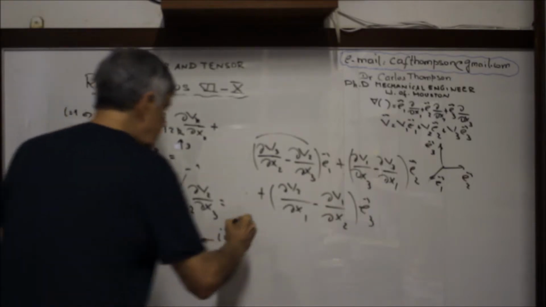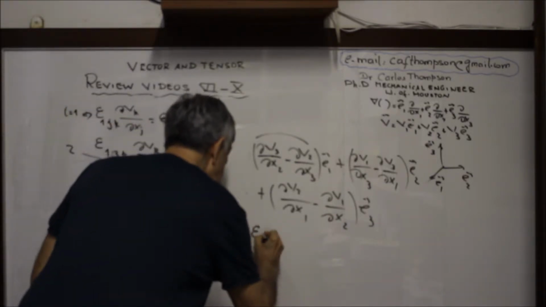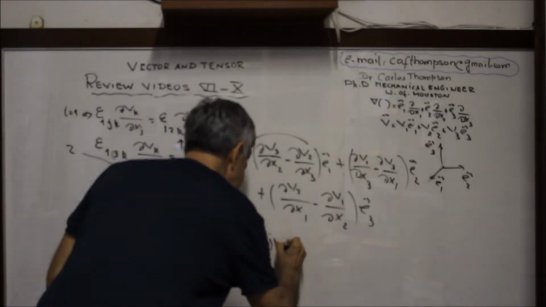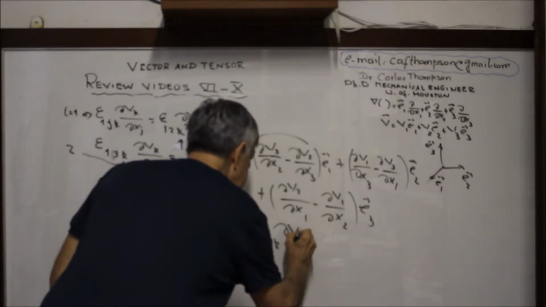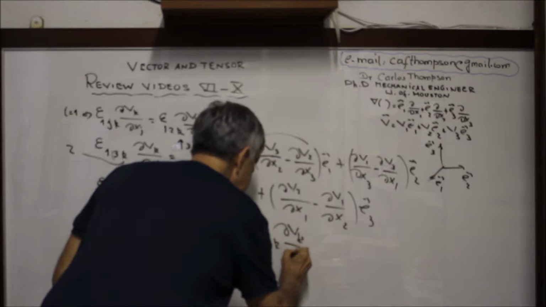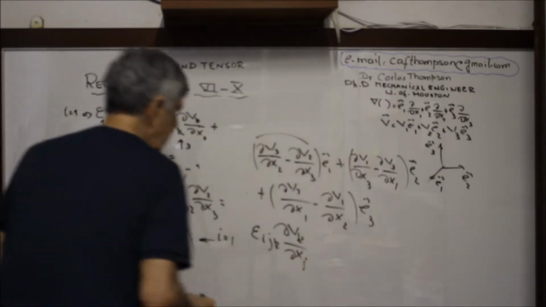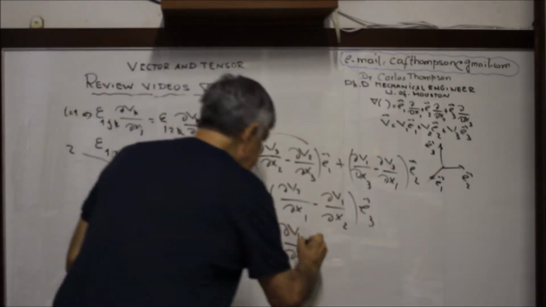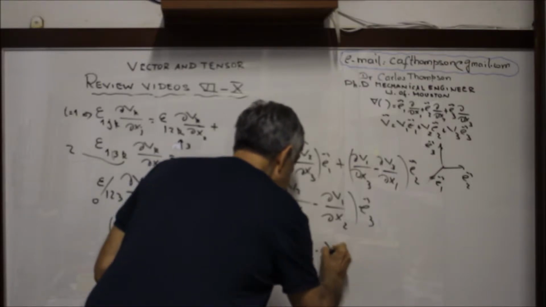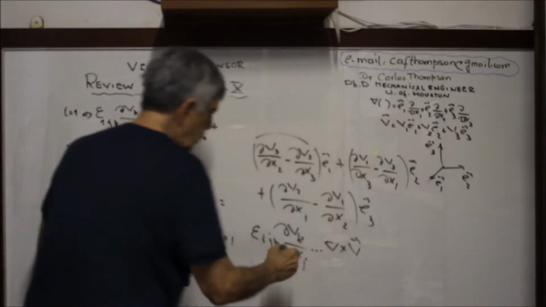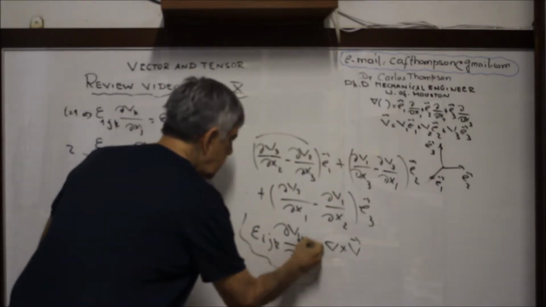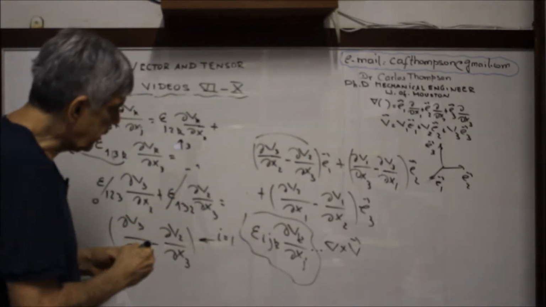Now you see, epsilon ijk, attention here, partial derivative of Vk, in this case Vk of xj. Never forget this. This is the rotational of V written using Cartesian coordinates.